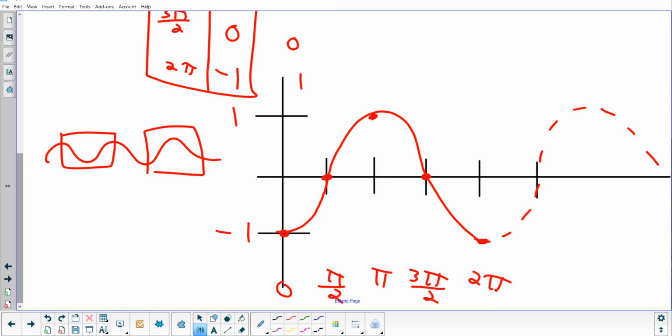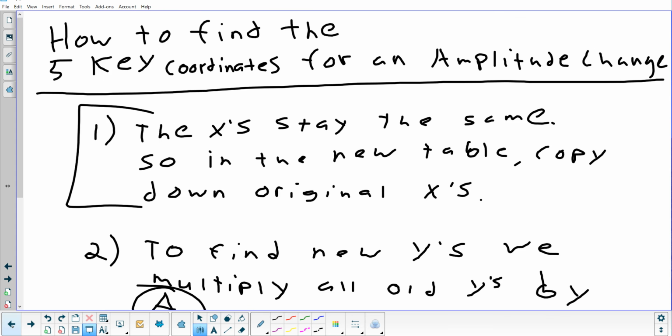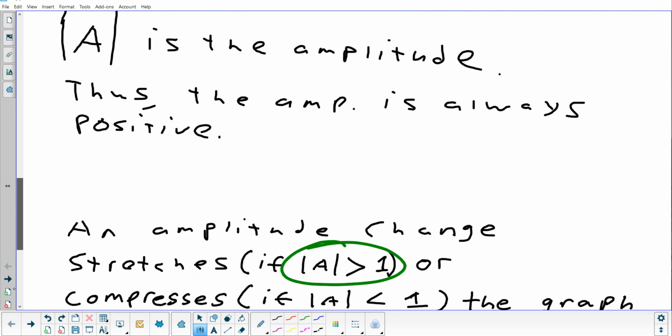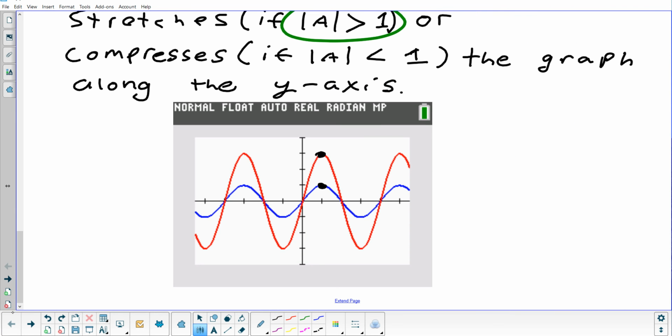Okay, so pretty straightforward. And what do you think the difference in sound would be? It's not super interesting, but if you played a sound like the red one compared to the blue one, when you hear it, what do you think the difference would be? Yeah?